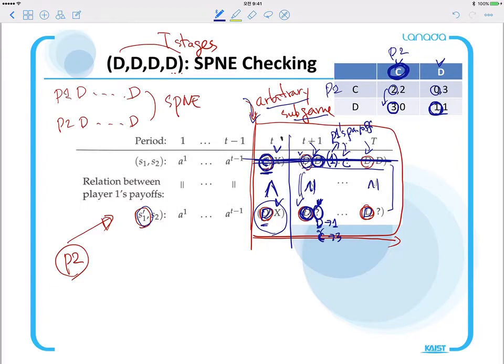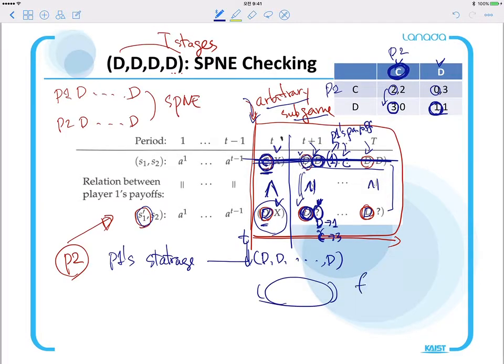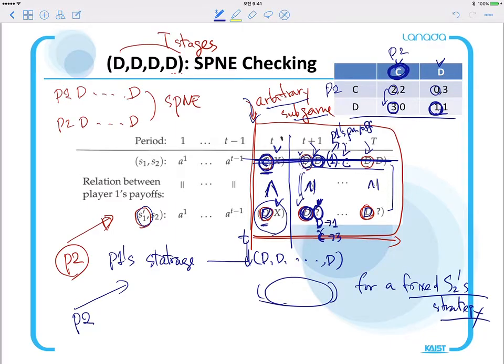I'm checking P1's strategy in any subgame starting from stage T: choosing D is better than any choice of other strategy for a fixed P2 strategy. And this can happen similarly for player 2 because the game is symmetric.